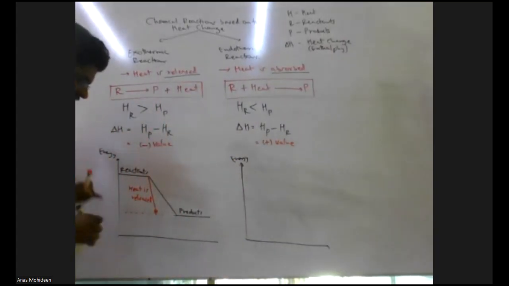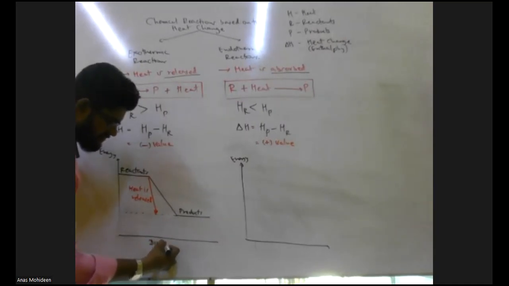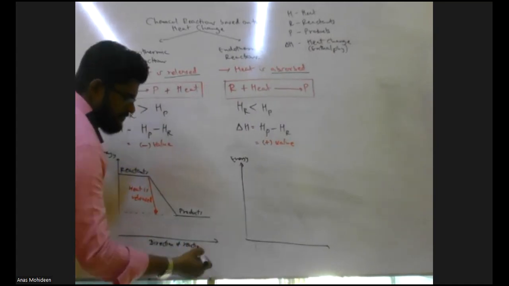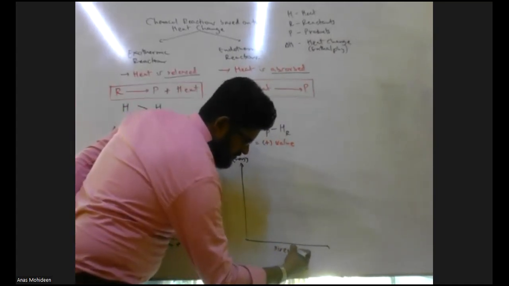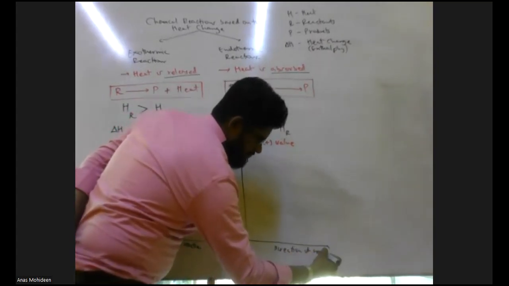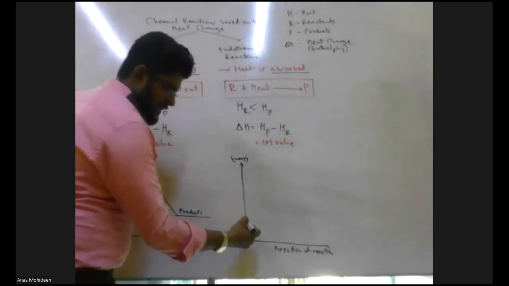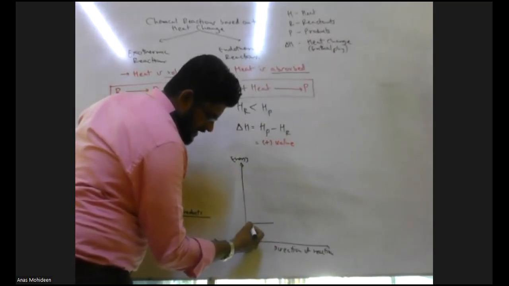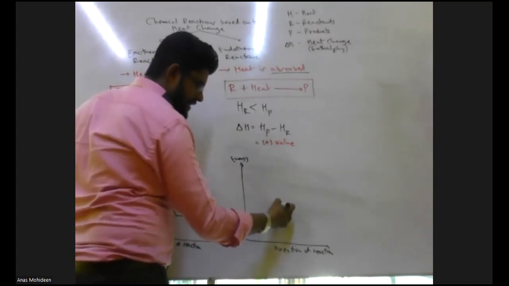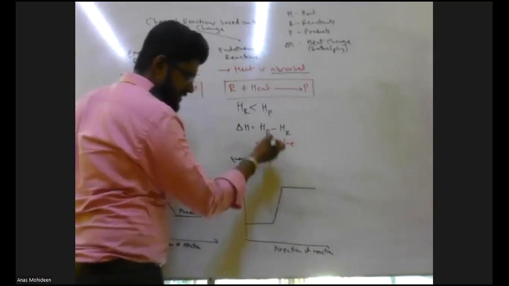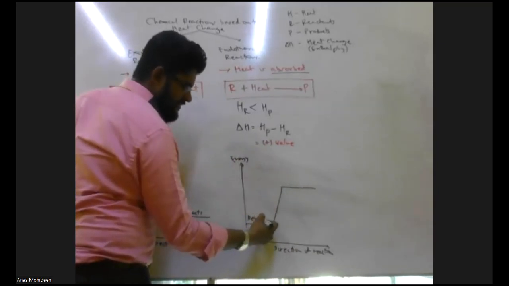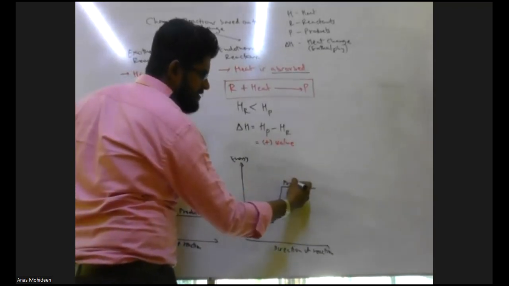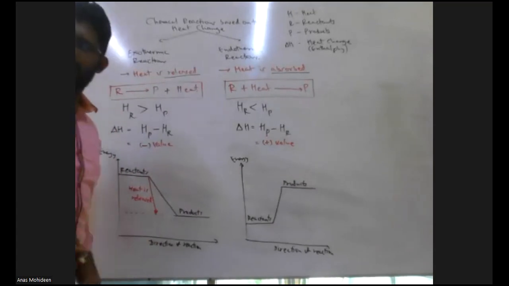Energy, and here we are taking the direction of reaction. Reactants have a smaller value, a relatively lower value, and they become the product, increasing. So here the reactants were increasing, that means absorbing the heat and becoming the product.